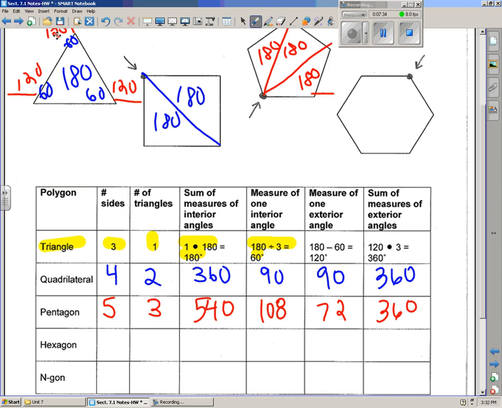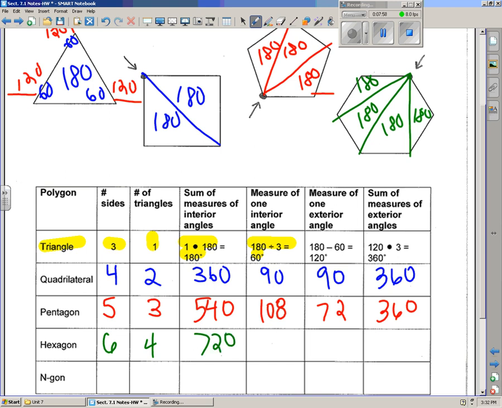There should be a pattern that you're seeing. Let's go for the hexagon. 6 sides. The number of diagonals drawn from that one indicated vertex is 3 diagonals, which gives you 4 triangles. Each of those 4 triangles should total 180 degrees. So 4 times 180 is 720.